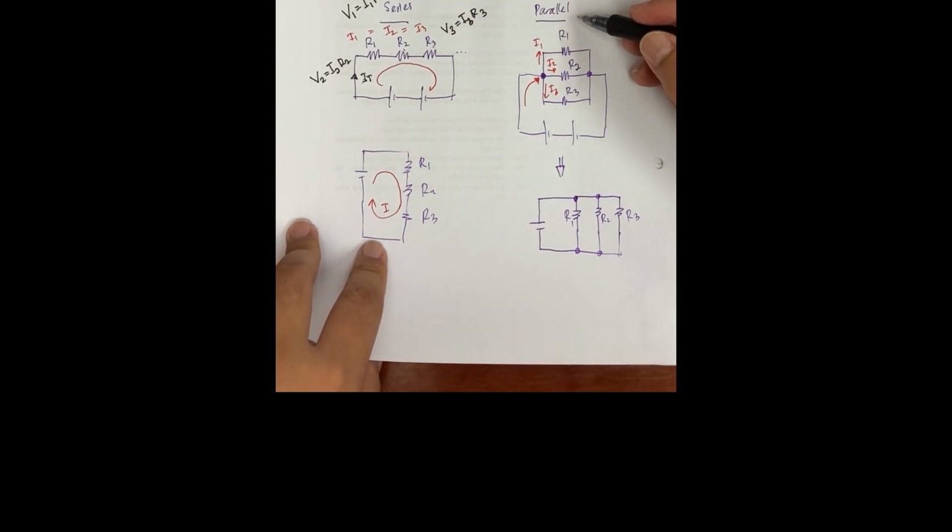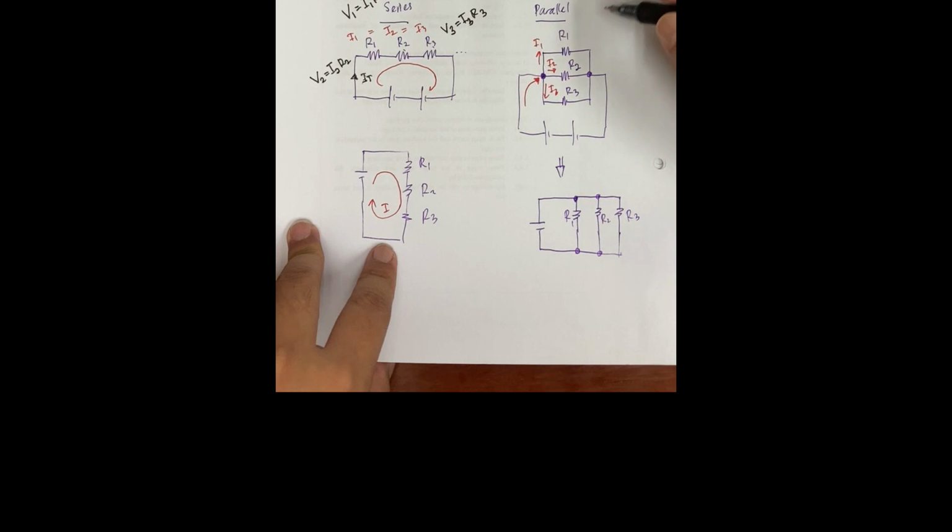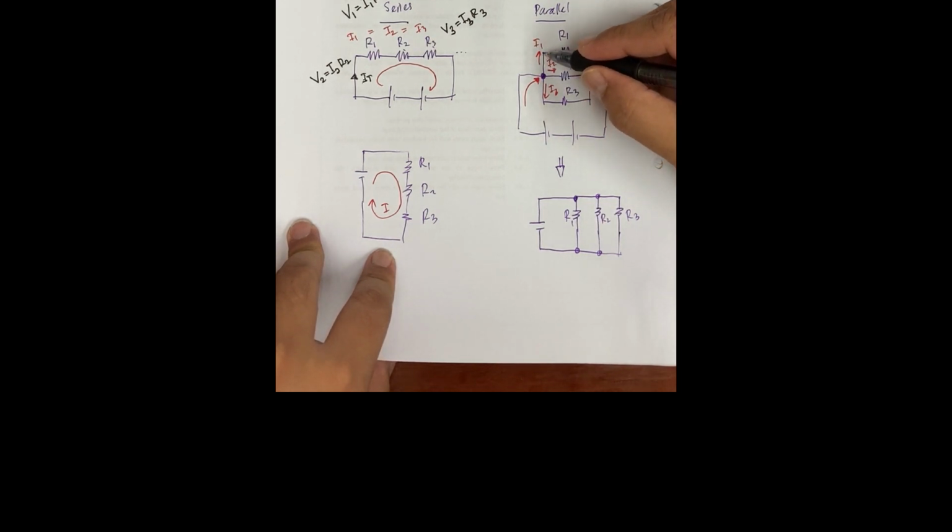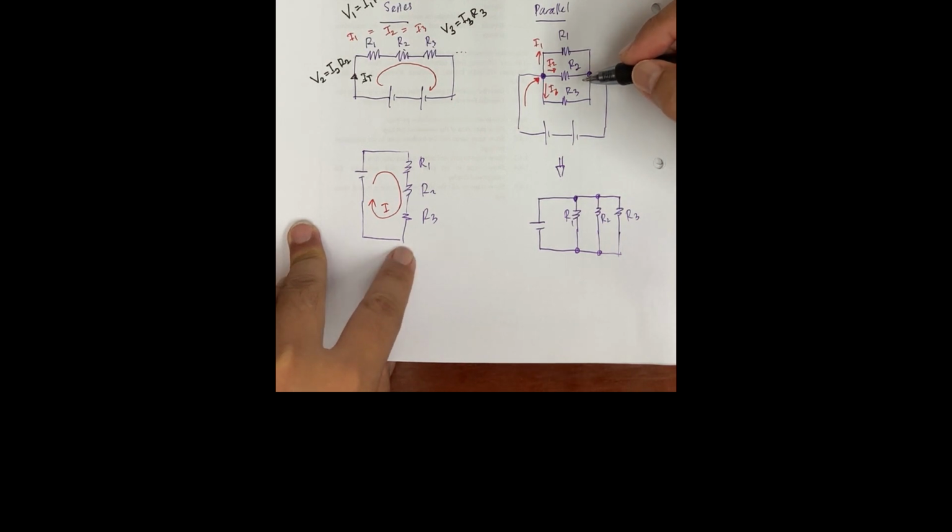But it is a different case for parallel in this case. The values for I1, I2, and I3 are different. So the formula is still the same. If you want to find V1, you must have the value for I1 and the value for R1.